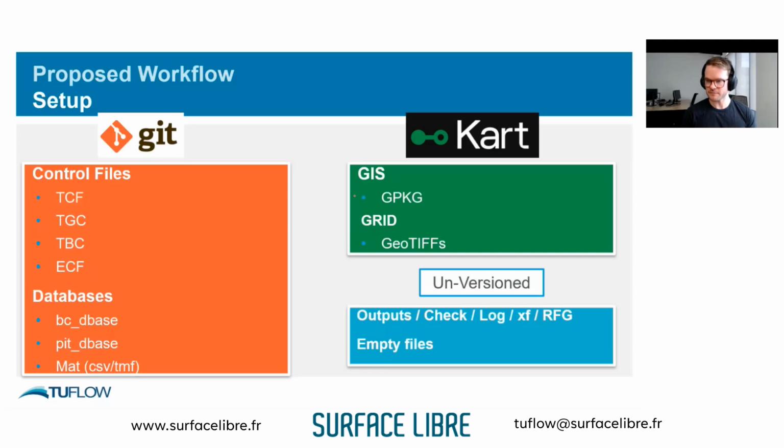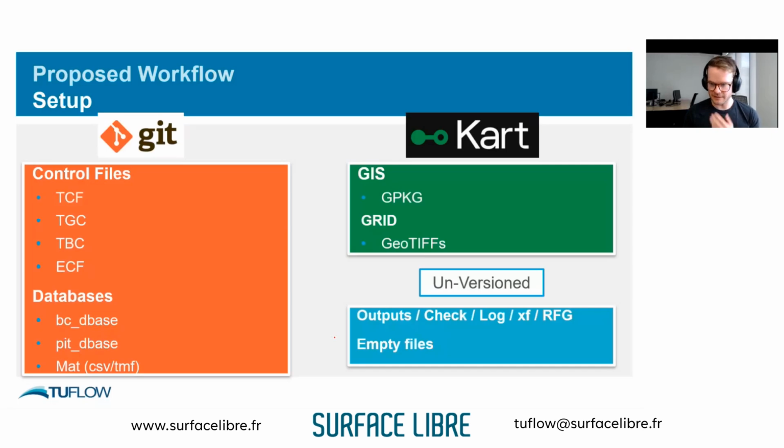You'd version control the control files and the inputs, but the outputs, check files, log files, XF, which are the binary cache dumps that TUFLOW uses, rainfall grids and empty files are all generated by the person. So when you pull down the model, you have to generate them yourself, or you might have them stored on the network somewhere, but you probably wouldn't get Git or KART to version control it.